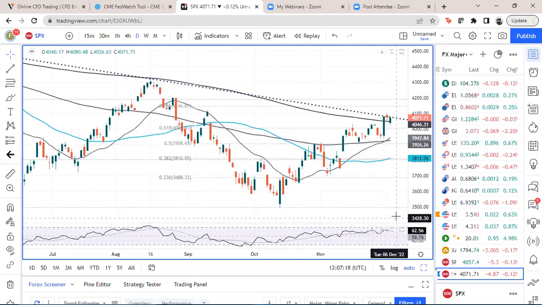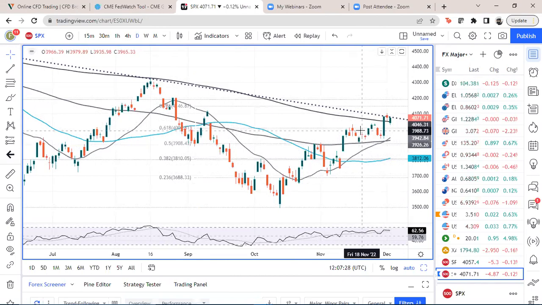We're not overbought on the RSI, so interesting there. We could go higher, but as we say, critical juncture, levels of resistance and support potentially, and all really dependent on, if we don't get many drivers this week, then obviously those risk events next week with the Fed on Wednesday.